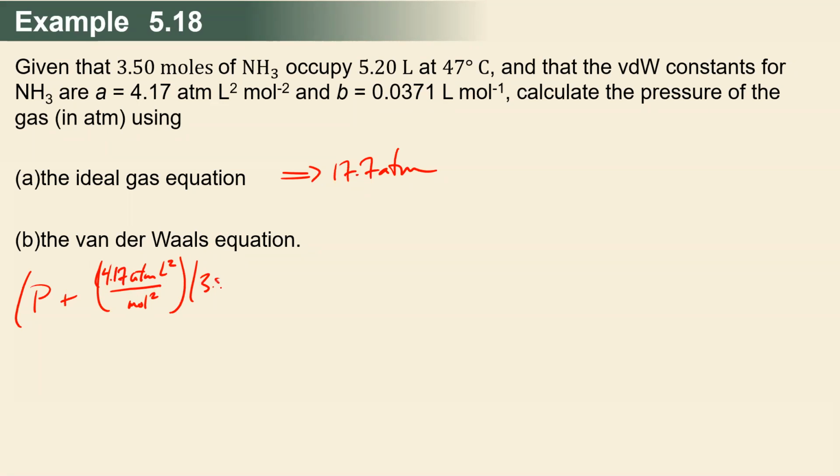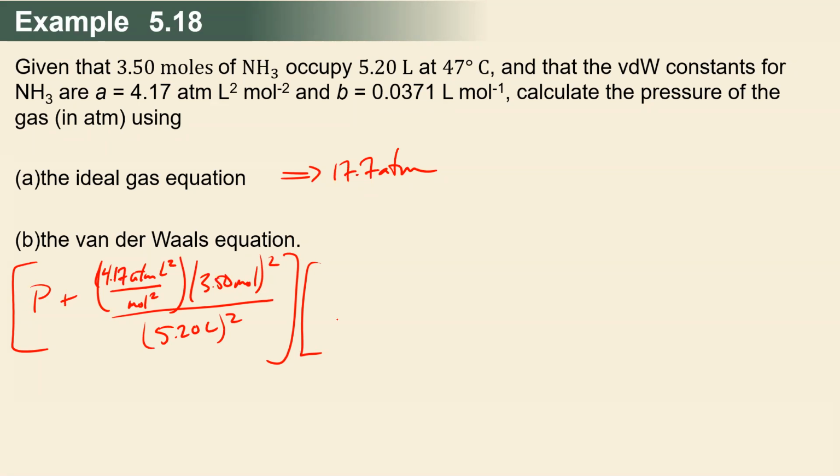We had 3.5 moles squared, divided by the volume squared, 5.2 liters squared, times the volume piece, so the volume, 5.2 liters, minus the number of moles, 3.5 moles, times B, 0.0371 liters per mole.